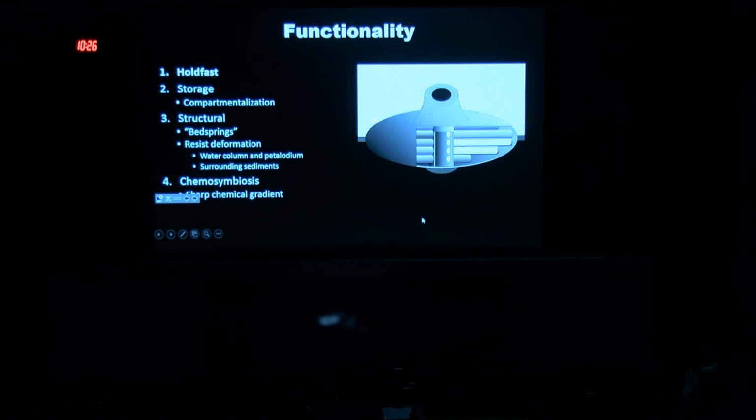You have this sharp chemical gradient, as I mentioned, an increased surface area inside these lobes for chemosymbionts to live on, and then all that oxygen being collected from the water column by the frond with its large surface area, and the plug itself possibly allowing energy molecules in.